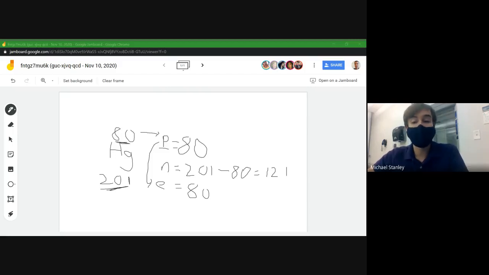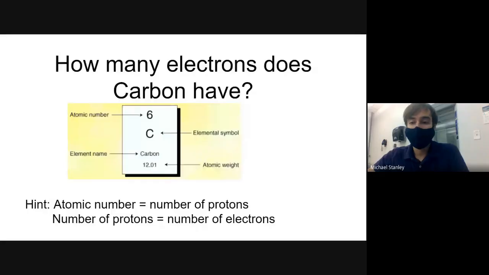Anybody else have any other proton, neutron, or electron questions? All right. So speaking of the homework, I did want to show you that really quick, just to give you a little preview for today and tomorrow.